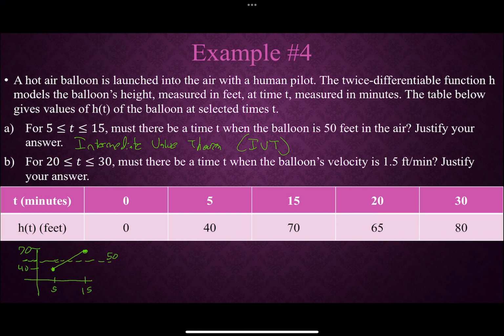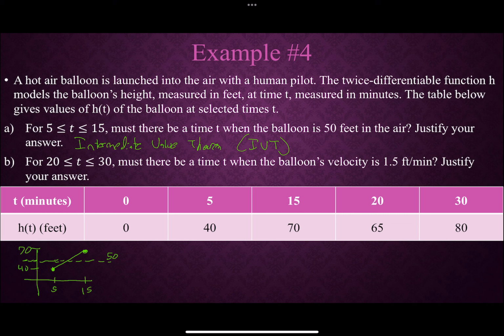Now, whether it crosses a nice linear line like that, maybe it's more of a curve, maybe it's something truly bizarre and it crosses multiple times, regardless, it has to cross 50 because it's continuous. All right, so the answer would be quite simply yes. Because of the intermediate value theorem, since we're at 40, and 50 is in between 40 and 70, we have to cross.